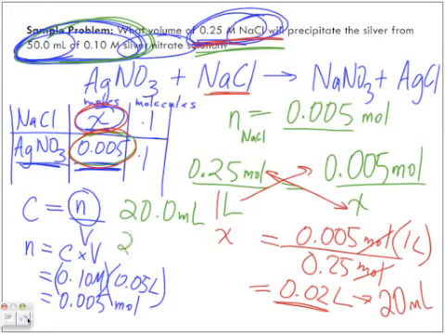So 20 milliliters can be rewritten as 2.0 times 10 to the power of 2 milliliters. Is it 2? No, sorry. 2.0 times 10 to the power of 1 milliliters.